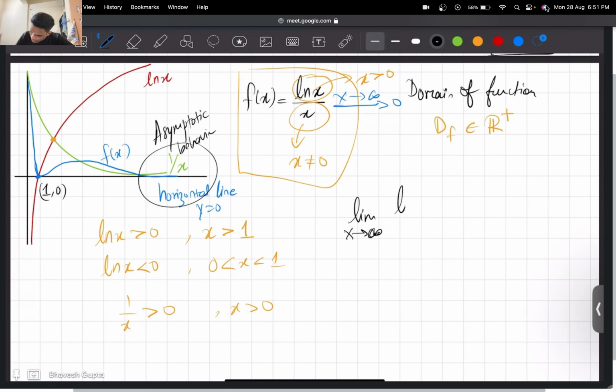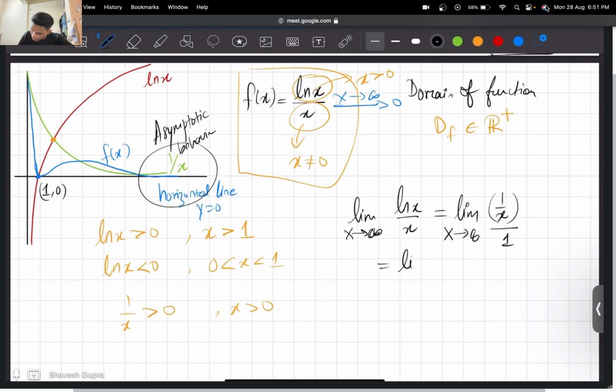So ln x over x, and you can see that we have the infinity by infinity form. In order to solve this, you can use L'Hopital's rule, which basically tells you to differentiate the numerator and denominator both. The moment you differentiate the numerator, you have 1 over x, and in the denominator you have 1.